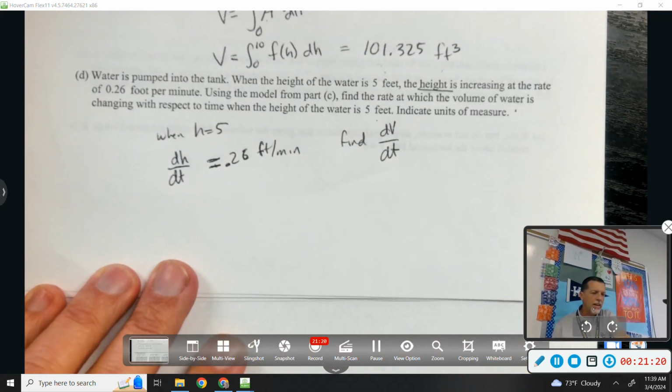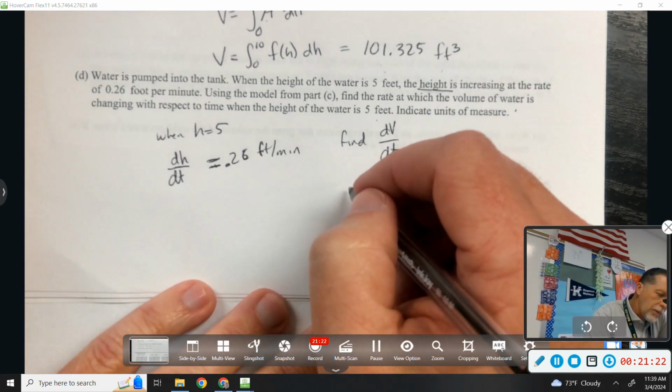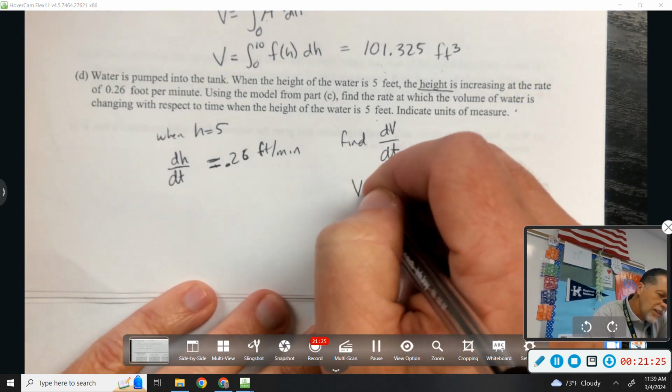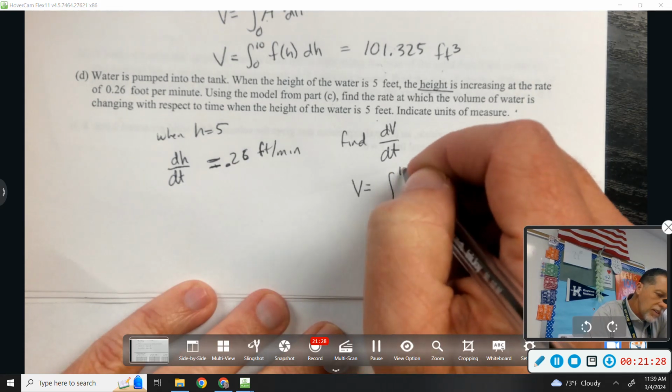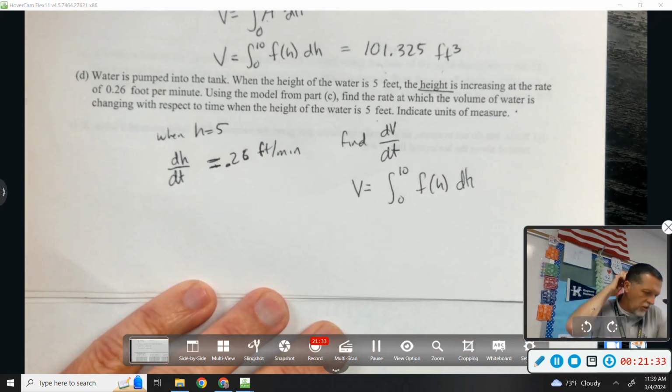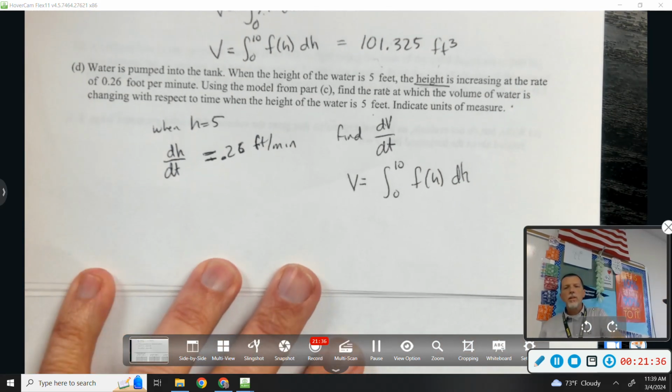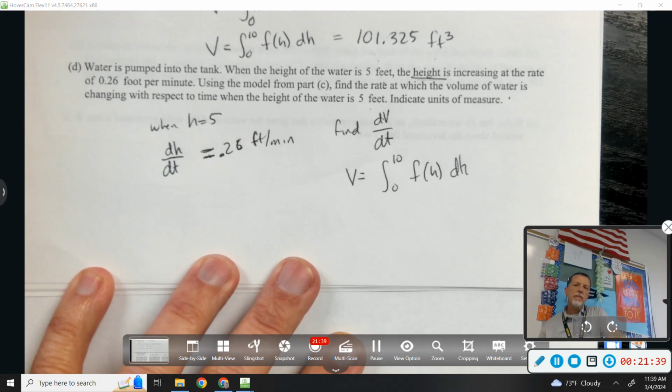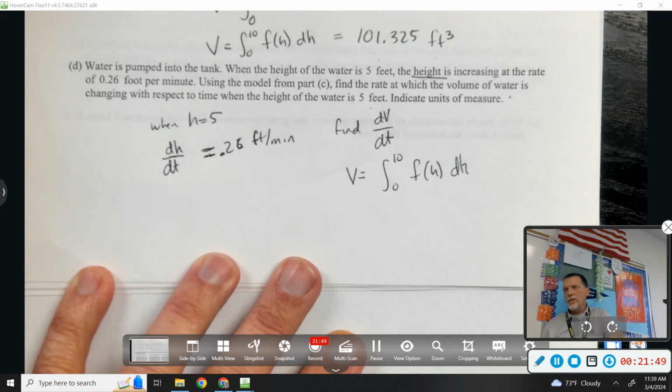Well, we know that V is the integral from 0 to 10 of f of h dh, and we want dV dt out of there. Well, I guess I need to take a derivative of both sides. That'll definitely get me dV dt on the left. It'll get me kind of a mess on the right.